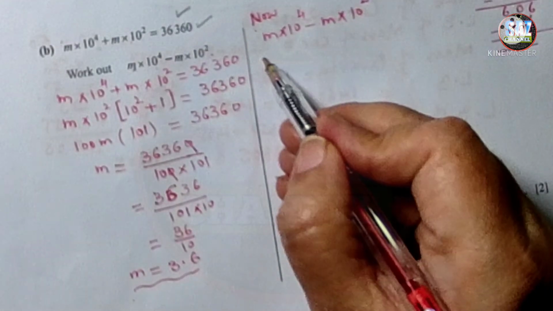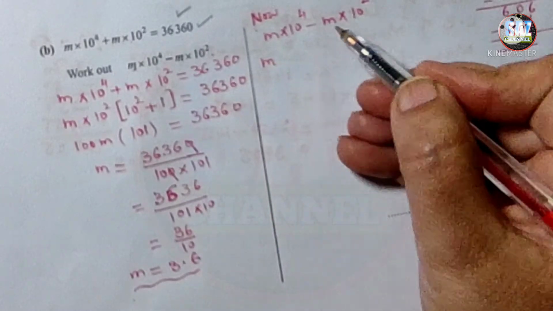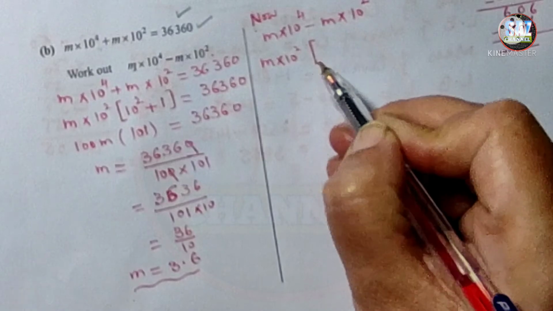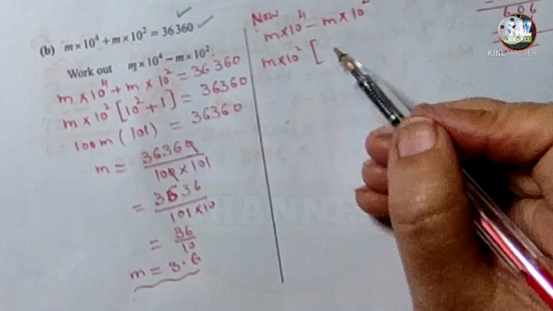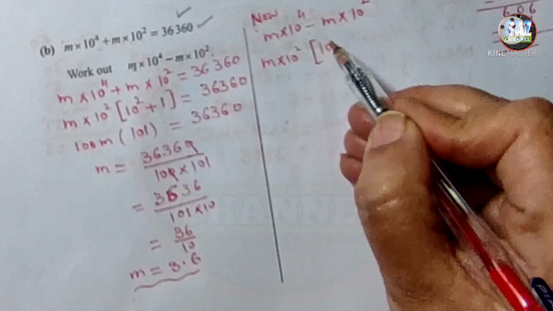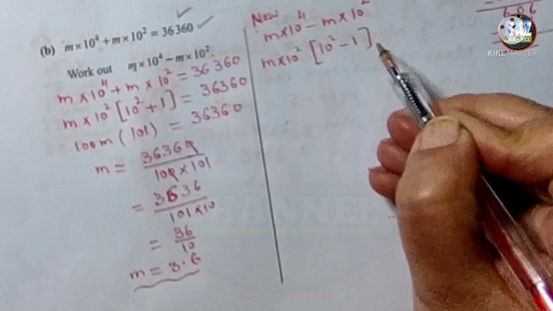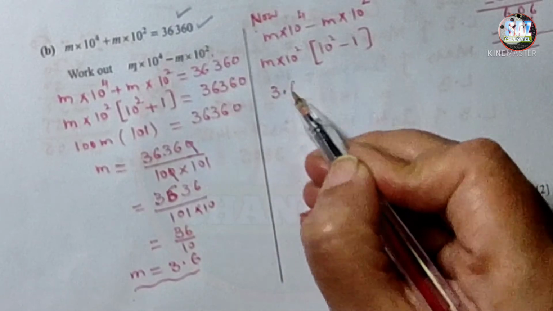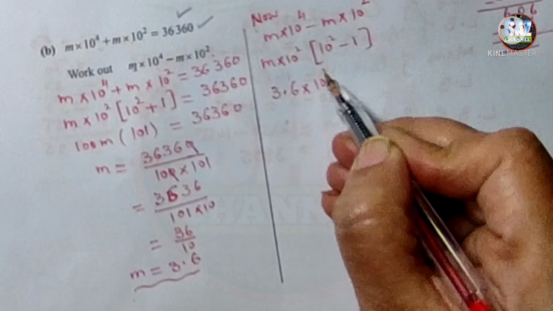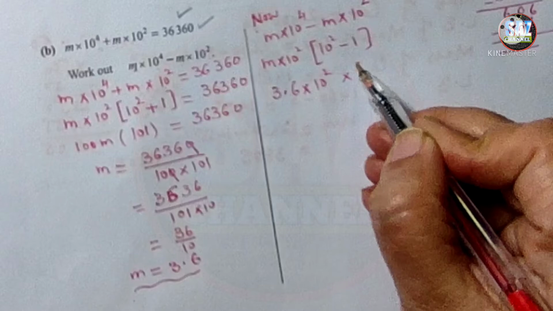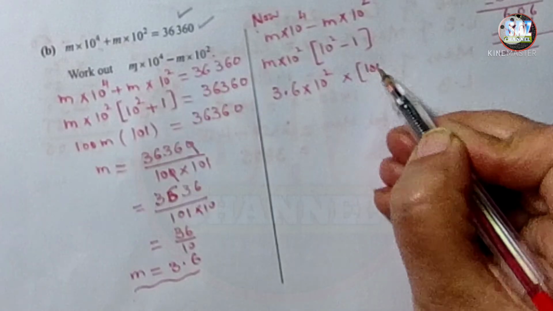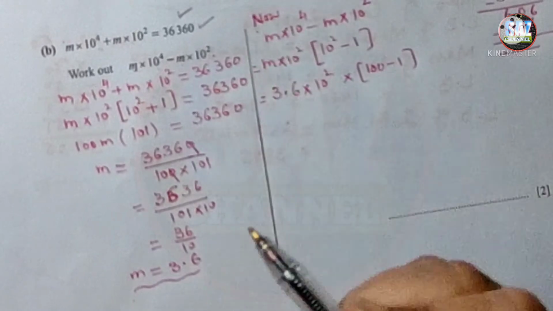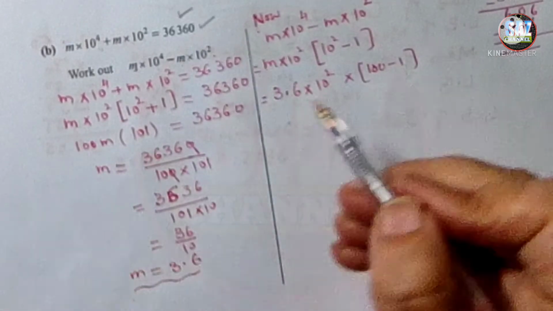Again, what we can do is pull out m multiplied by 10 square, and inside the bracket I will be left with 10 square minus 1. m has the value 3.6 multiplied by 10 square, and 10 square is 100 minus 1.